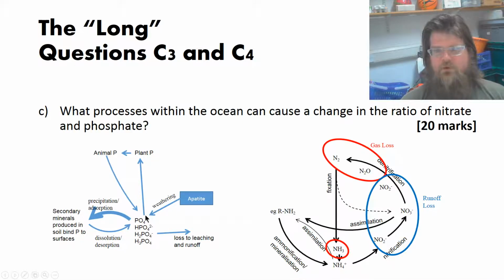The only input of phosphorus is from the weathering of rocks. The nitrogen cycle doesn't show it on here, but we can also take nitrate from the land and wash it down into the ocean, which has the same source for phosphorus. The other mechanism which is different between these two diagrams is this process of loss to the atmosphere.